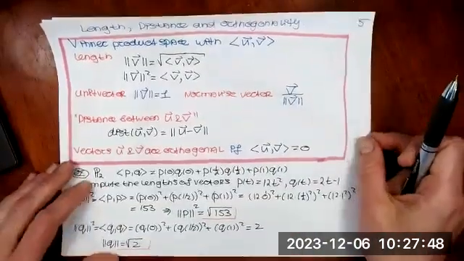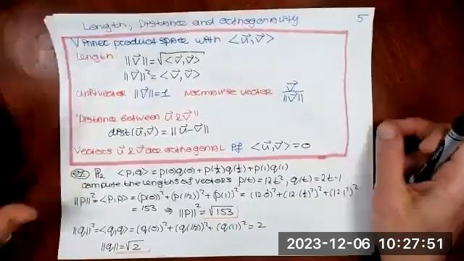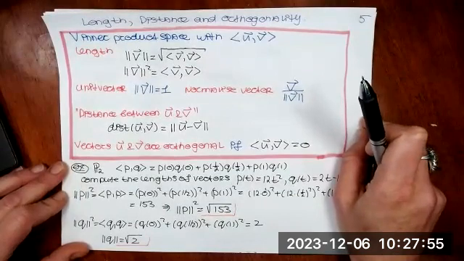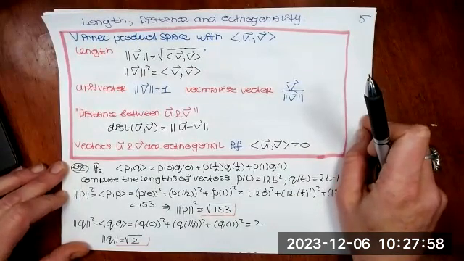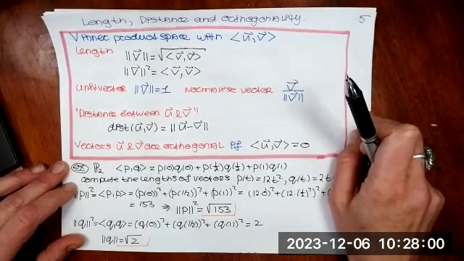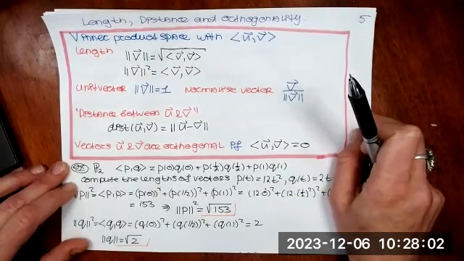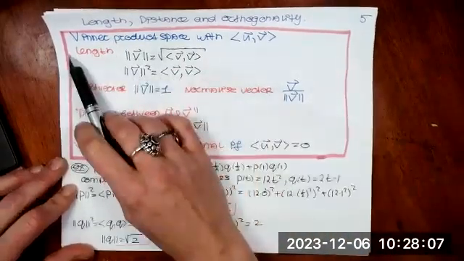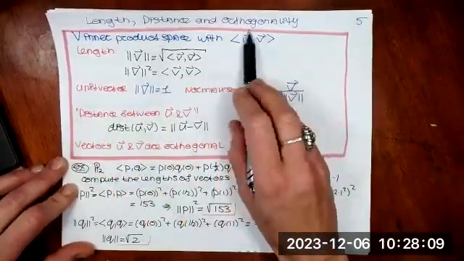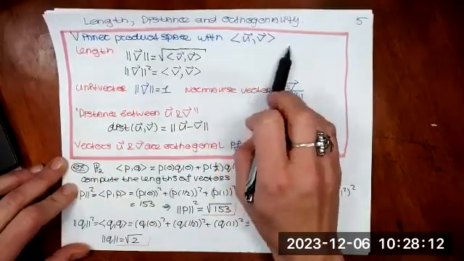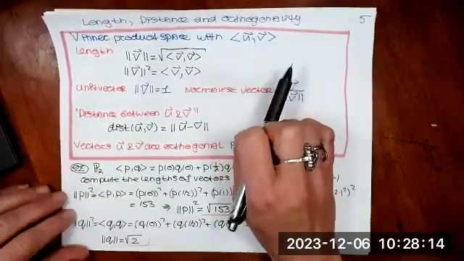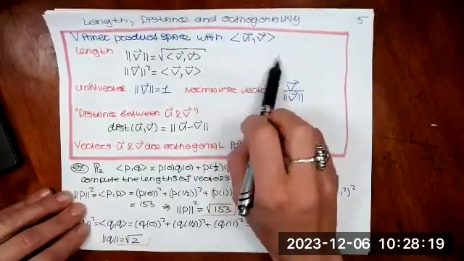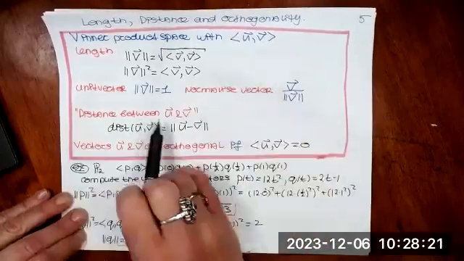So a lot of other things that we did with dot products, you can do with general inner products. All those notions of distance, length, unit vectors, orthogonality, all of that works for inner products also. If we have an inner product space with an inner product defined somehow, and we know it's an inner product because it satisfies those four conditions, then with respect to that inner product we can define the same things.